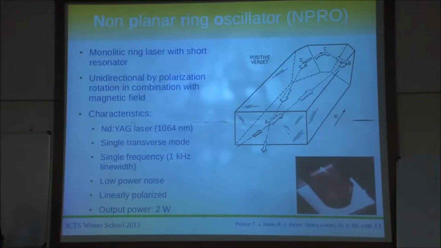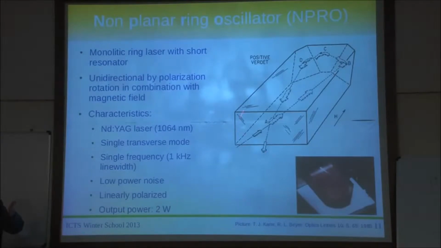But if you now apply a magnetic field to that thing, so that's what this H is here, then you have a certain Faraday constant, so you get a Faraday effect. And that actually rotates for one direction here. The strength of this magnetic field is picked such that this rotation, which is caused by this non-planar thing, is just rotated back.